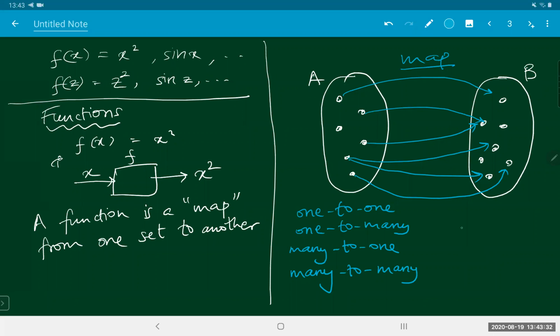One-to-many map means that the same element in A may be mapped to multiple elements in B. That's one-to-many. Many-to-one means that you can have many of them in A, all of them going to the same element in B. And then, of course, many-to-many is all kinds of things happening.